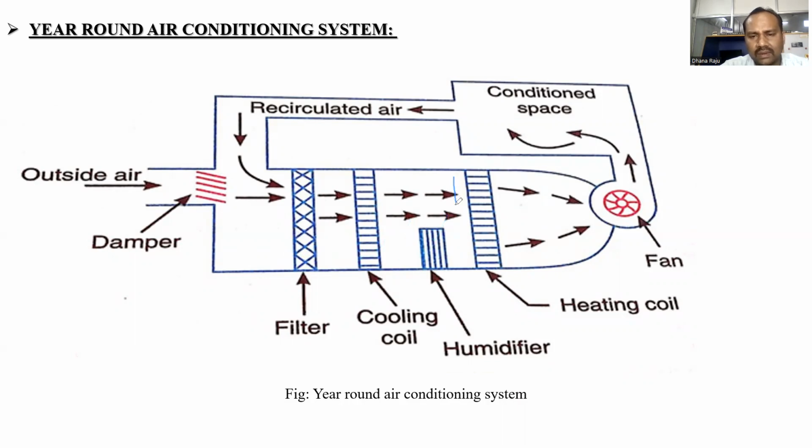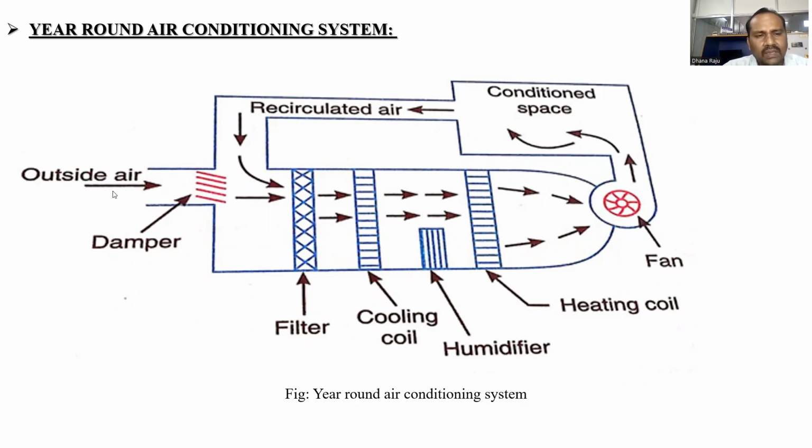You need to represent the perforated membrane with a dotted line, then the preheating or heating coil, fan, and conditioned space. It is more or less the same, but it accumulates all the components of the summer and winter systems: cooling coil, heating coil, humidifier, dehumidifier. Based on the outside conditions, it provides heated or cooled, humidified or dehumidified air as required.